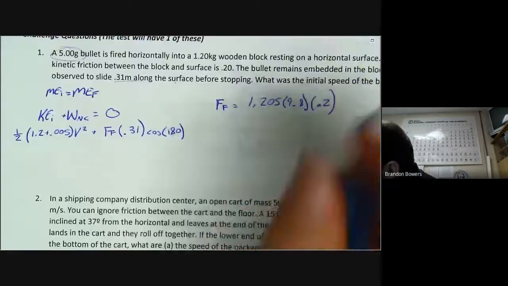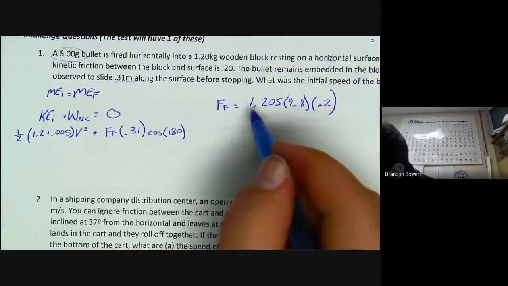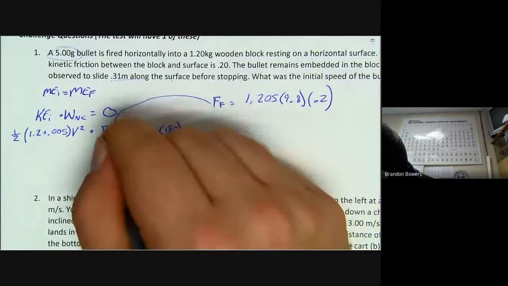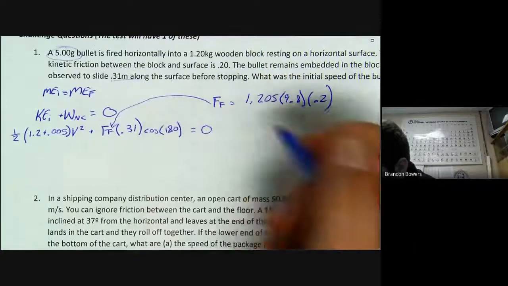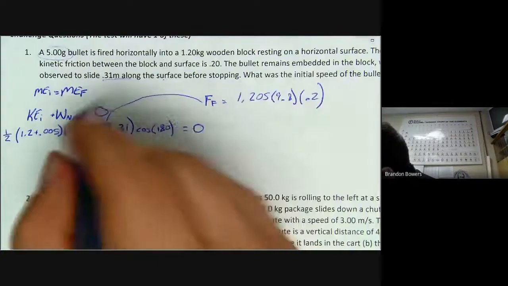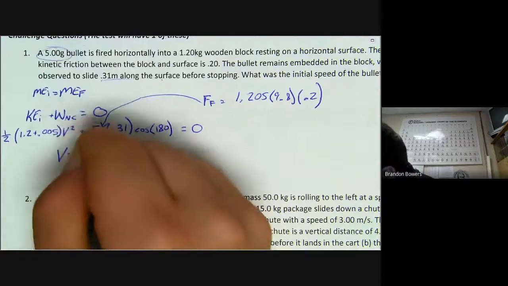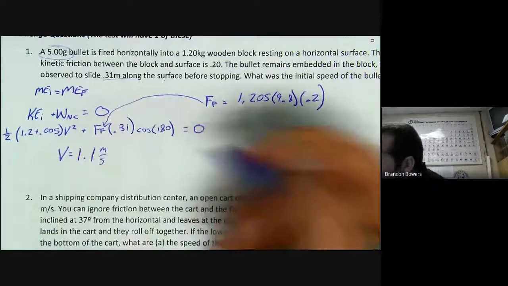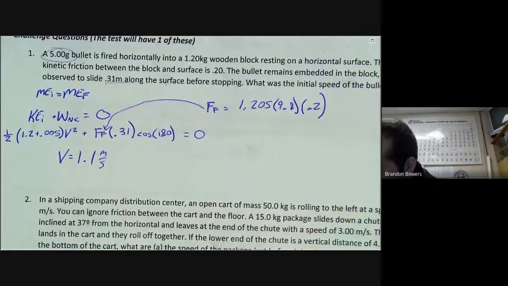You can plug all of this into force of friction, and remember all of that should equal 0. When you get this answer, the velocity is 1.1 meters per second. That is my velocity final of the object.